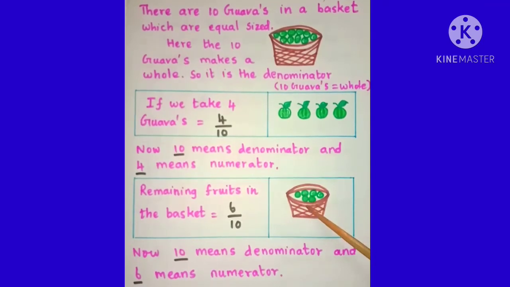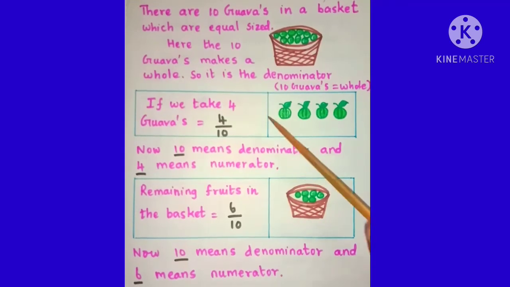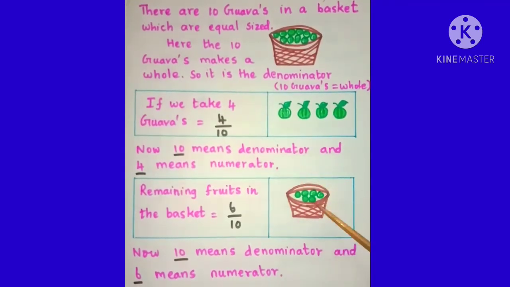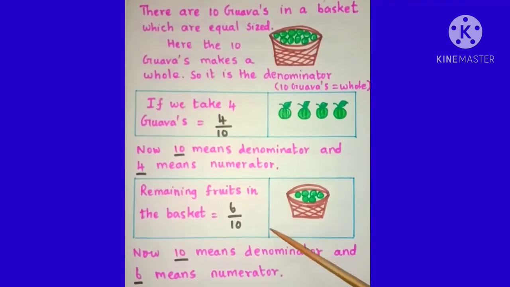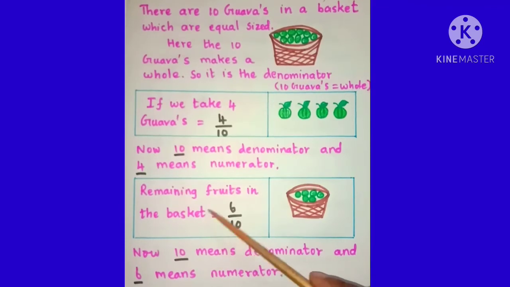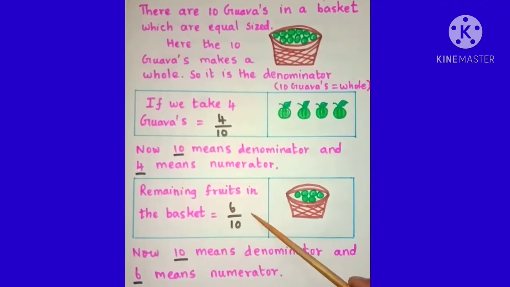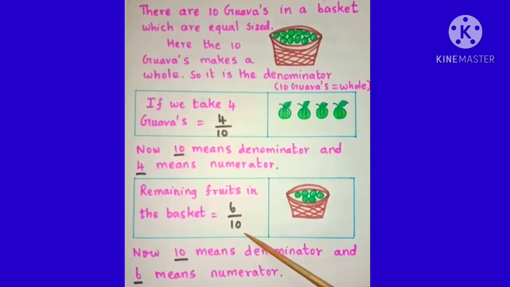The number of guavas which we have taken is 4. The number of remaining guavas is 6. Total number of guavas is 10. The fraction of remaining guavas in the basket is 6 by 10. So students, here 6 means numerator and 10 means denominator.